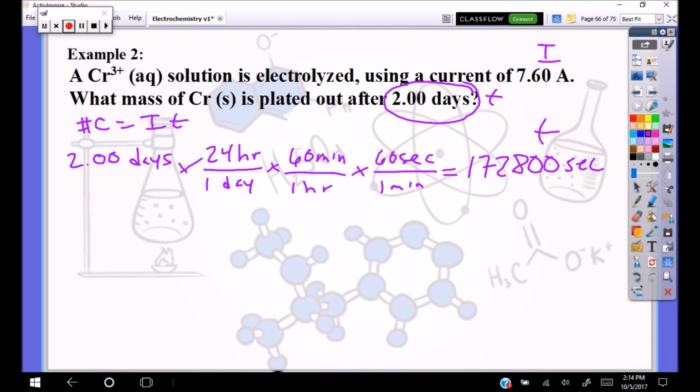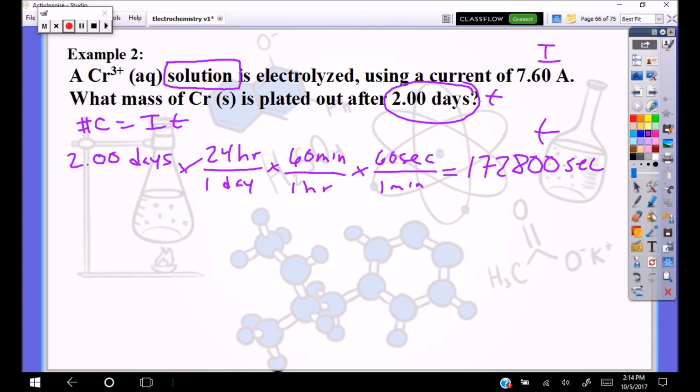Now, it's going to get more complicated. But this is a good start. We need this time. We have a key word here. Solution. Meaning that this is aqueous. So we need to look at our half reactions first to figure out how many electrons are actually being transferred here.